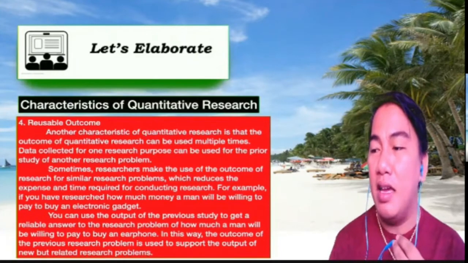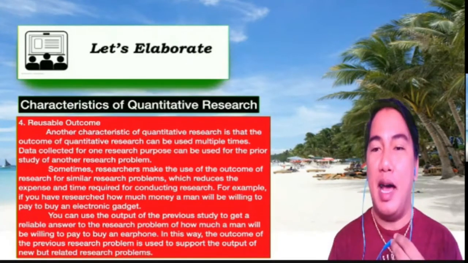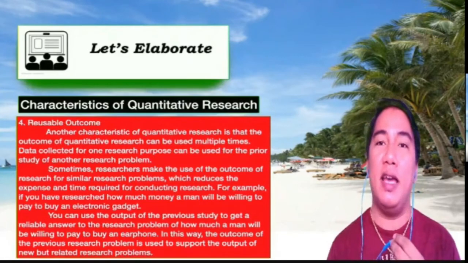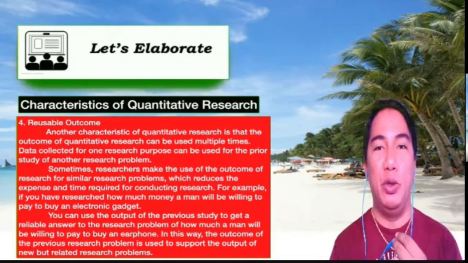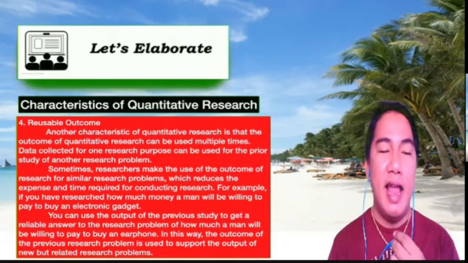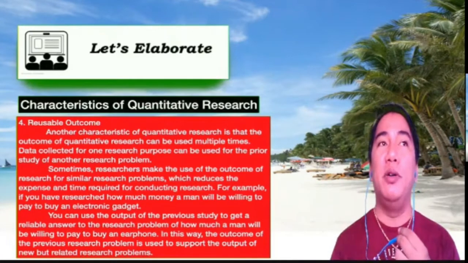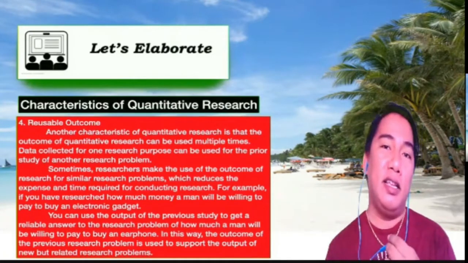Okay, so when you say reusable outcome, that's why in our chapter 2 of our study, there's always a review of related literature and study.